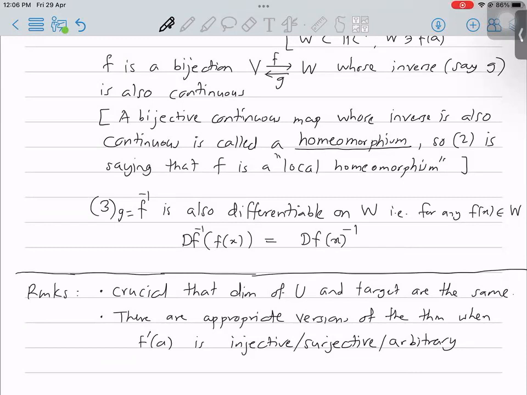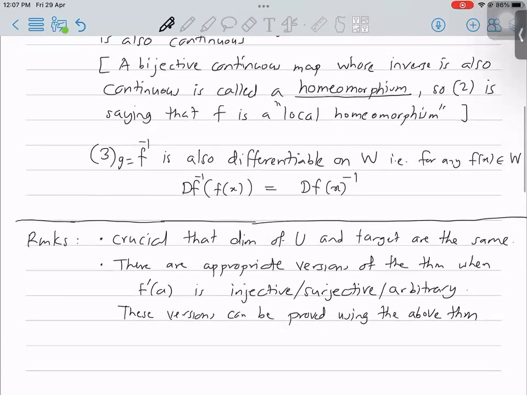So appropriate versions, and these versions can be proved using the above theorem. So this is somehow a crucial case to understand. And finally, okay, so n equal to 1 is easy. And you should do this proof for yourself.